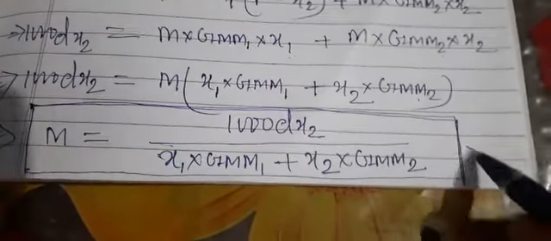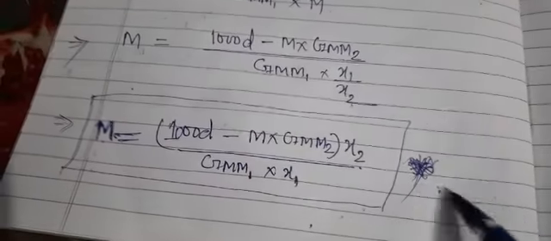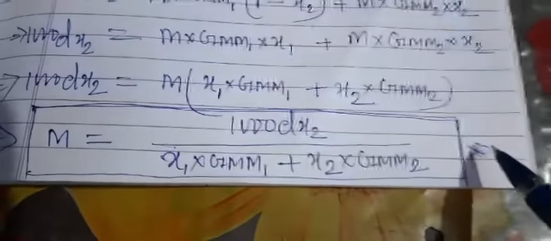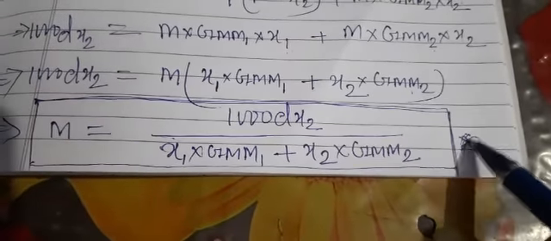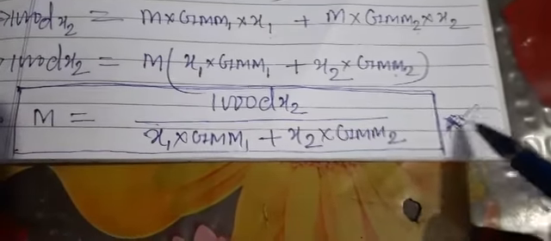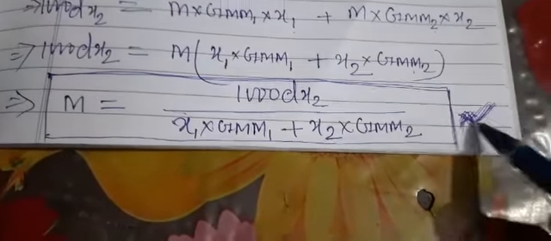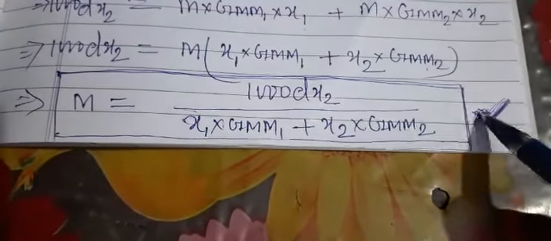So this is the best relationship in comparison to this one. This is the best relationship between the molarity and mole fraction. So that's why we use this relationship more and more. So you remember this one.